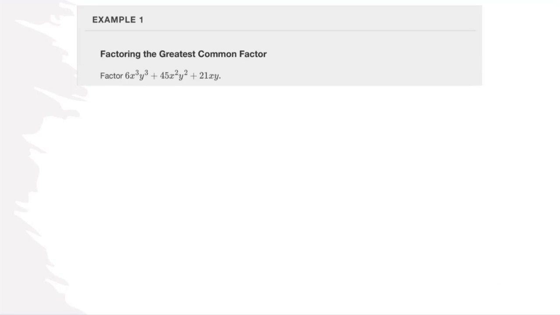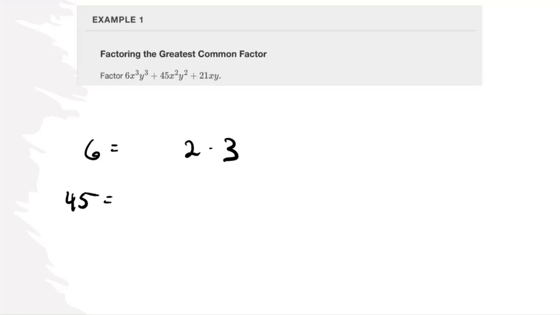So factoring the greatest common factor, right? Okay, so in the previous slide, it said, first factor the GCF of your coefficients, right? So if we just focus on our coefficients, we have 6, 45, and 21, right? Now, if we look at 6, notice that 6 is 2 times 3. 45 is what? 9 times 5.